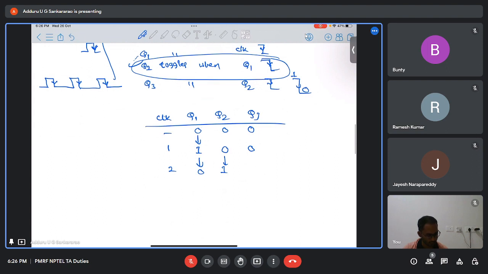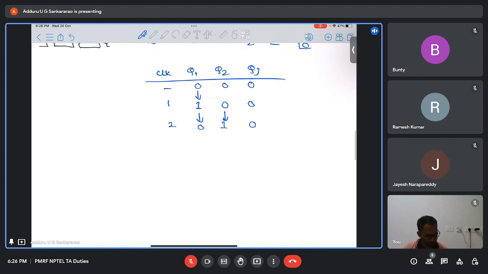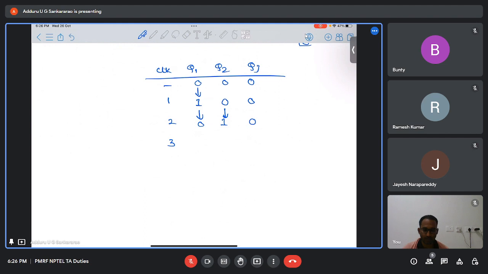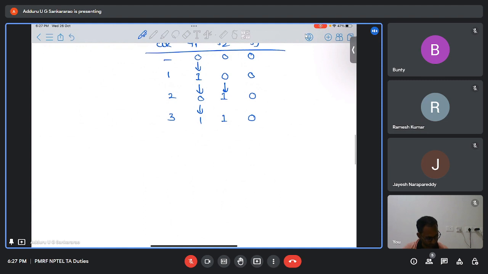But here Q2 is changing from 0 to 1, so it will maintain the same previous state. Q3's output also will not change, since Q2 has not changed from 1 to 0.